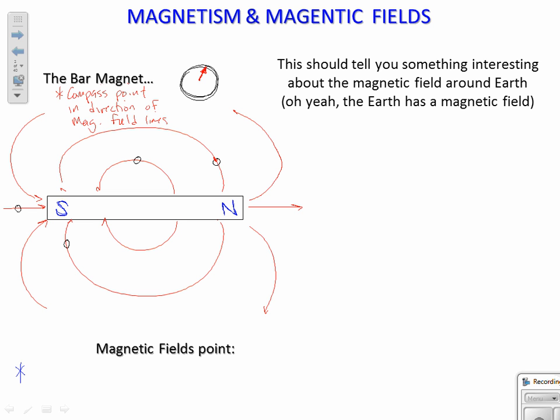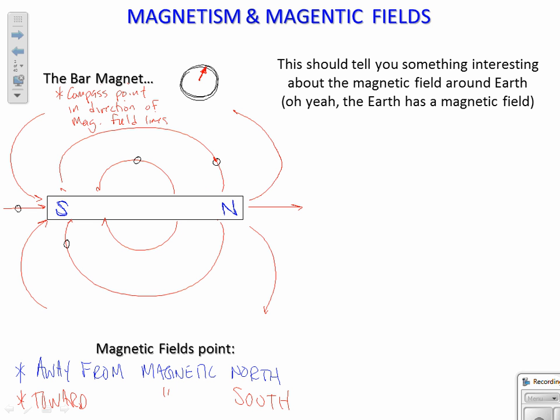Well, magnetic fields point away from magnetic north, and they point toward magnetic south. That's the definition of what direction magnetic fields point. Any questions? Good.